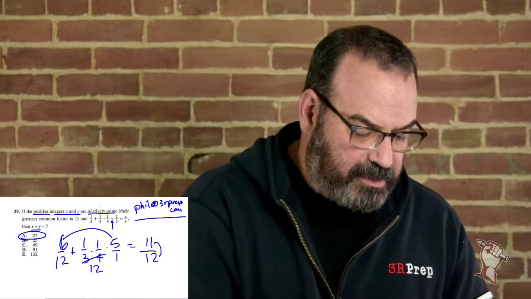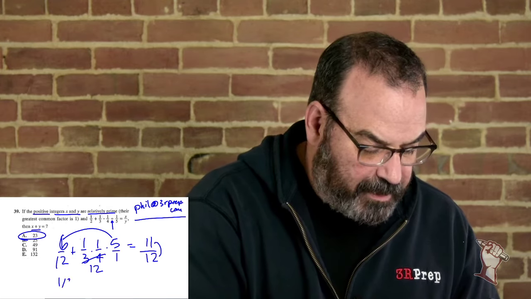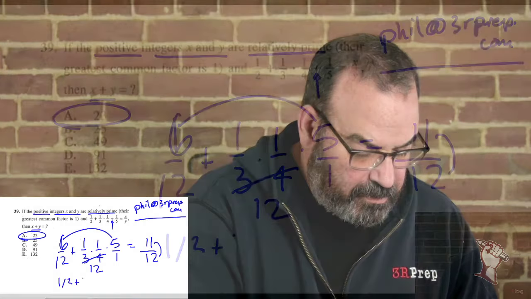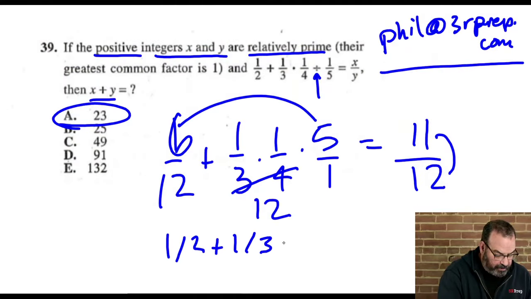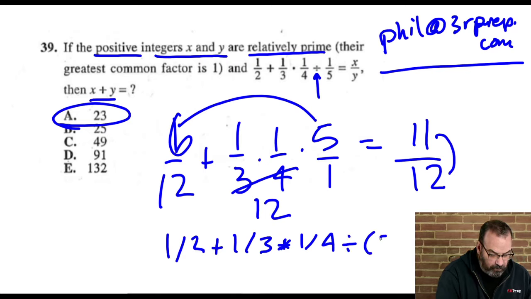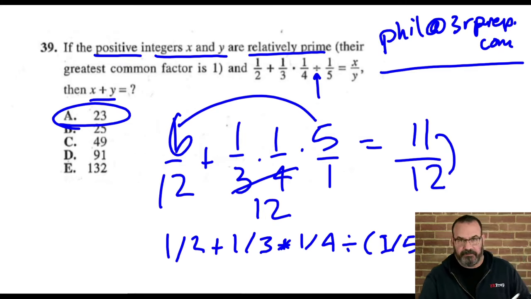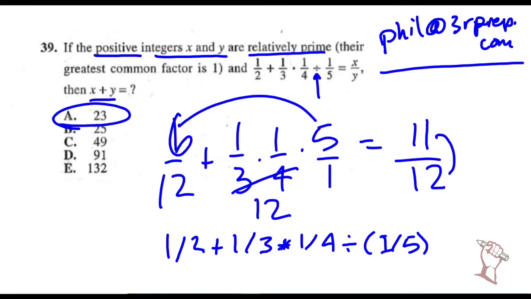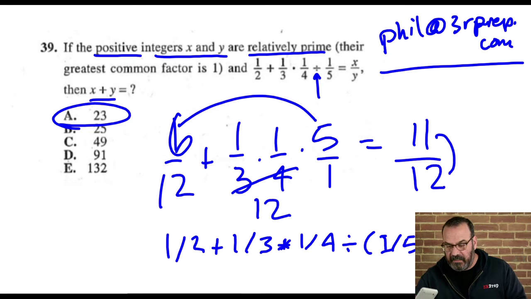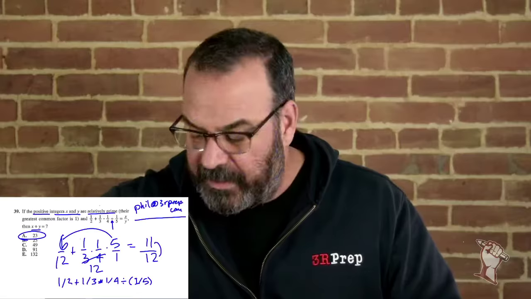It looks like this: 1 divided by 2 plus 1 divided by 3, asterisk, which means multiplied, 1 divided by 4 divided by quantity 1 divided by 5, enter. So you could have gotten 11/12 with the math frac button, and we'll set this one right here because we've got some math to do with the calculator at the end.